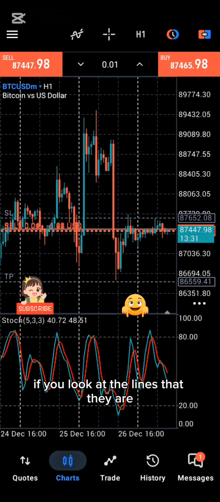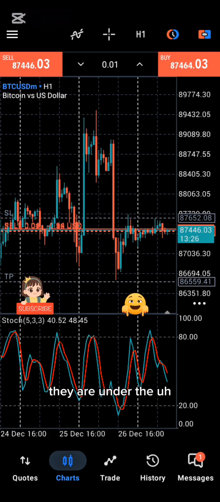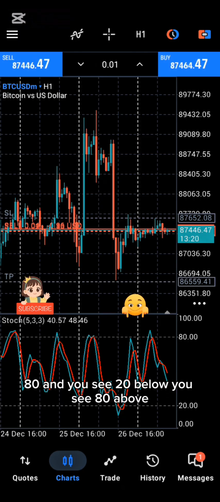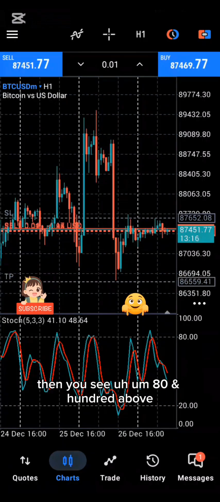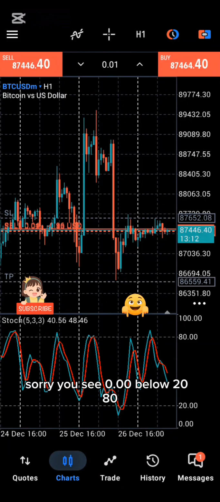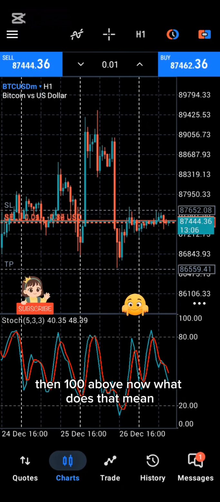Also, if you look at the lines that they are under, the vertical lines, you see 80 and you see 20 below. You see 80 above, then you see 100 above, sorry, you see 0.01 below, 20, 80, then 100 above.